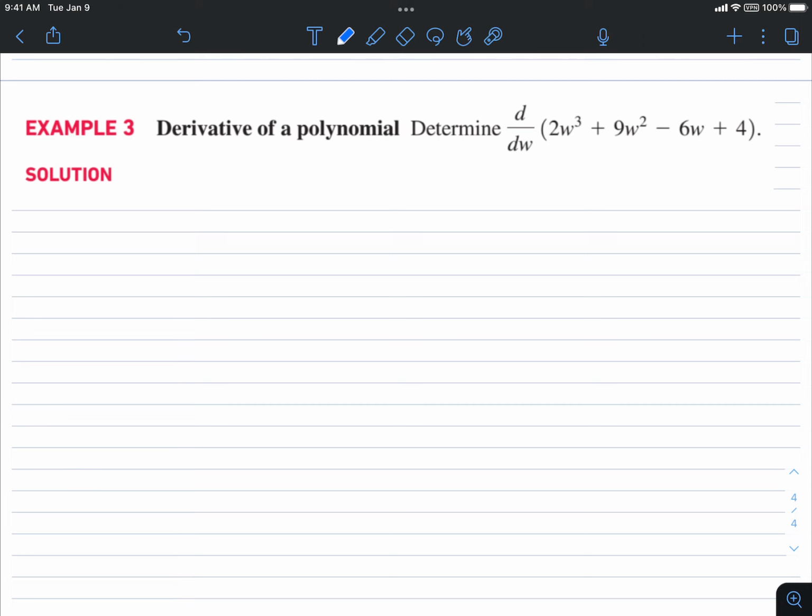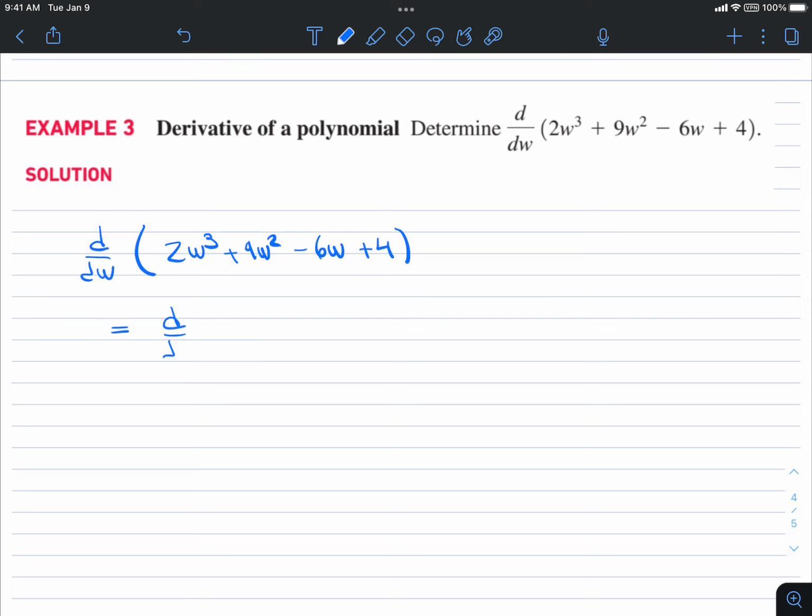So I'll do that slowly. Note that they replaced x with a w, and they're deriving with respect to w, but it's the same thing. Just pretend like x is w, you're going to get the same result. So let me write it carefully. I'm doing d/dw of 2w cubed plus 9w squared minus 6w plus 4. So first I use the sum rule.